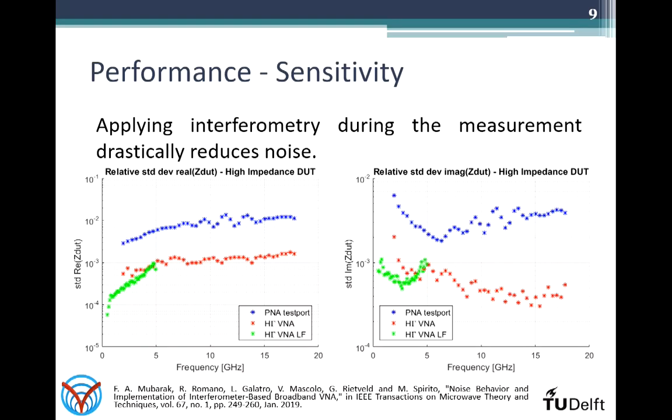The green trace represents the results of a measurement performed using a low-frequency interferometer, and the red trace represents the results of the measurement performed using a higher frequency interferometer. In both cases, we can see around 1 order of magnitude improvement in the noise, both on the real part and on the imaginary part.